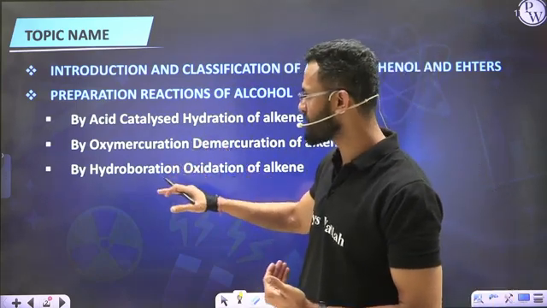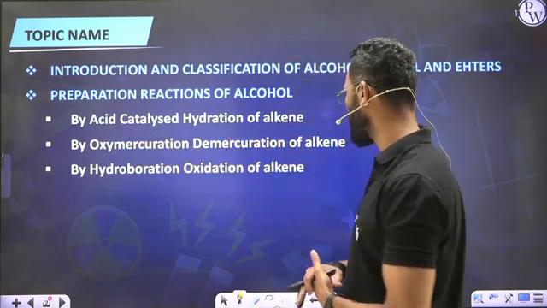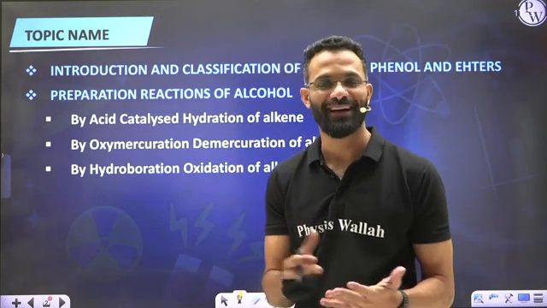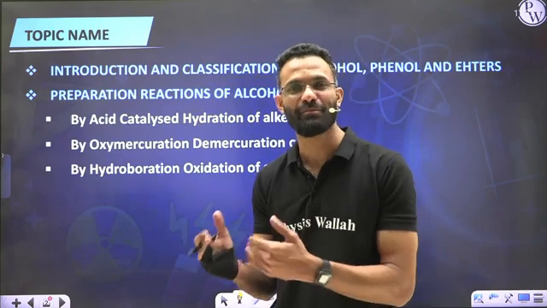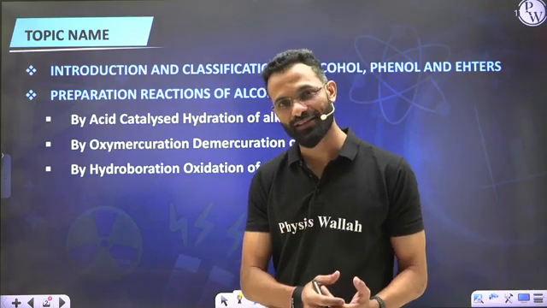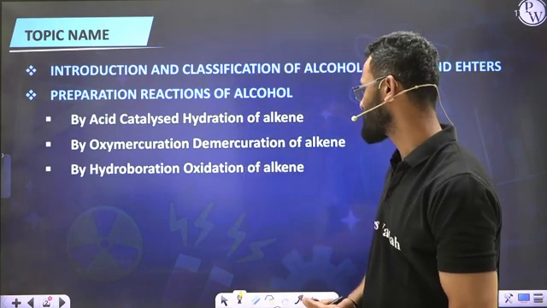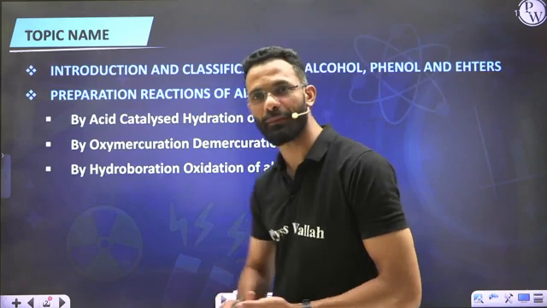The second one is oxymercuration-demercuration of alkene, which we also refer to as OMDM. Again, these abbreviations are for our convenience. And finally, we'll learn hydroboration-oxidation of an alkene, also known as HBO.